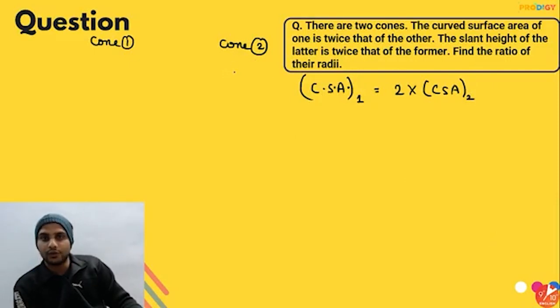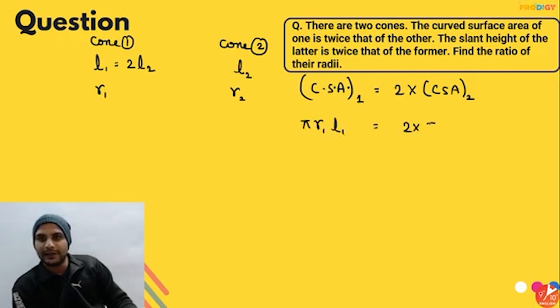So if cone 2 has slant height L2, cone 1 slant height will be twice of L2. Alright, so if we have to find the ratio of radii, R1 is to R2, CSA of the first one will be pi into R1 into L1, which is 2 times pi into R2 into L2.